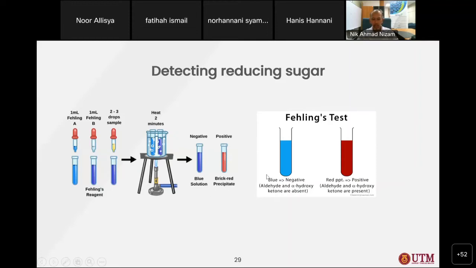So blue means negative, the absence of aldehyde and alpha hydroxy ketone. If the color changes to brick red, it is positive, meaning the sample contains aldehyde and also alpha hydroxy ketone. So this is how we can detect reducing sugar, especially glucose. Glucose is a reducing sugar.